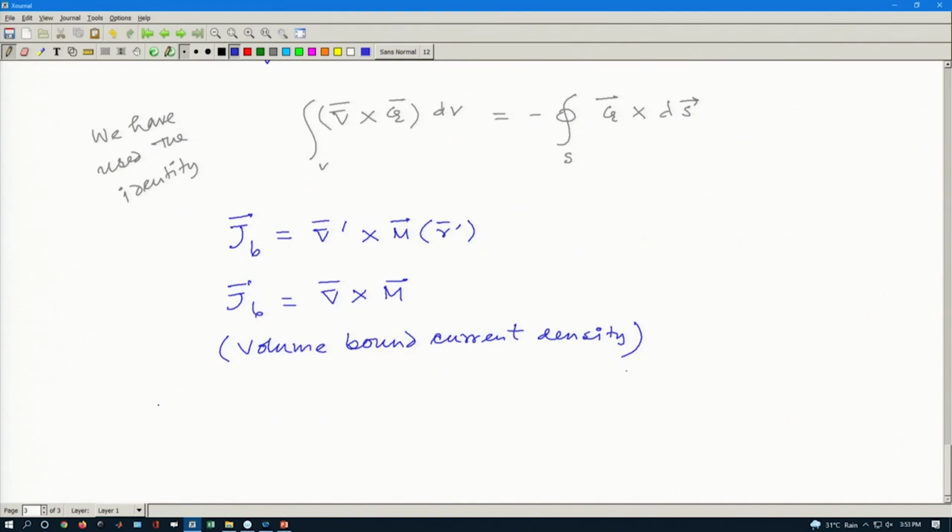Similarly, I can have another term KB, which by definition is M cross n, and this we call the surface bound current density.